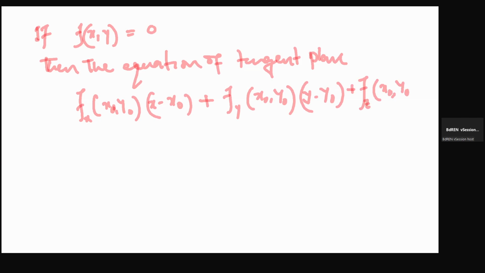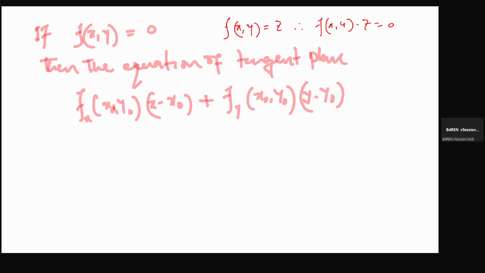Sorry, do we have any z? We have only the two types of variable, x and y. So now if we write the function like f of x, y equal to z, then we can write it f of x, y minus z equal to 0.